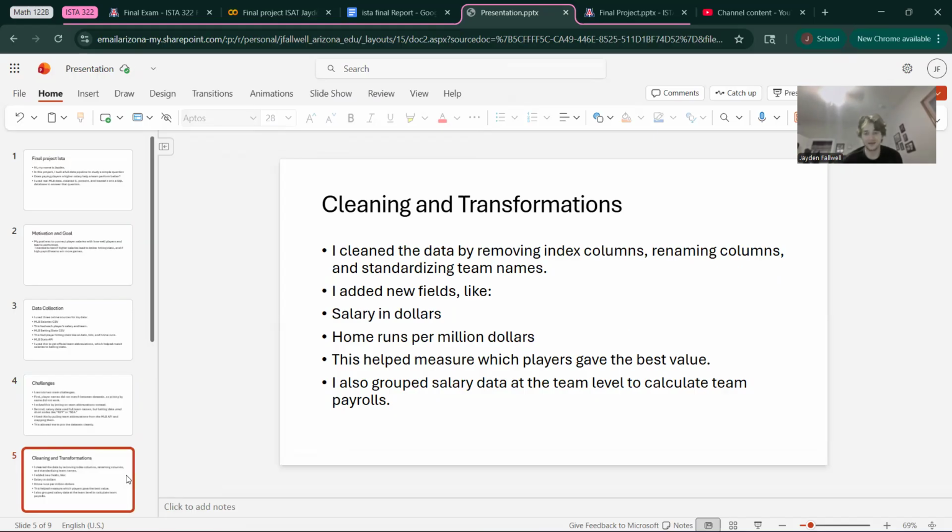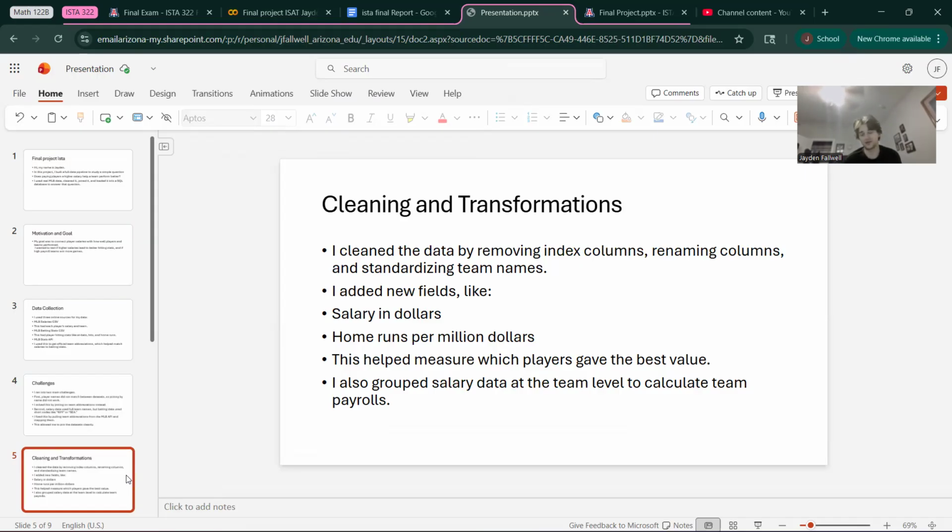I cleaned the data by removing index columns, renaming a bunch of columns, and standardizing the team names. I added new fields like salary in dollars and home runs per million dollars, and this helped me measure which players gave the best value for their salary.